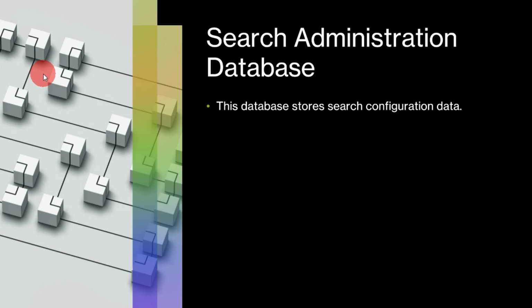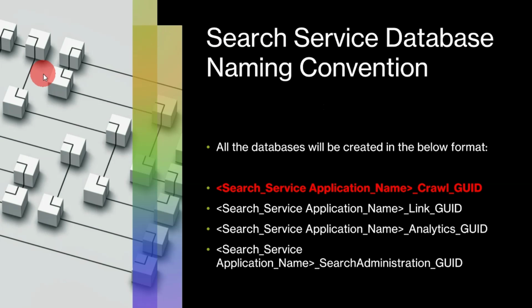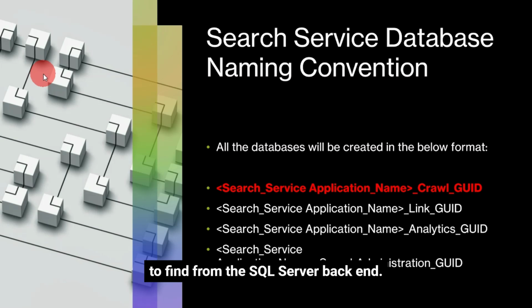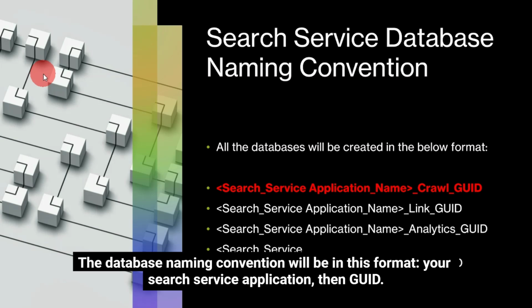On the on-premise server, all the databases will be created in this format. So this will help you to find what you are trying to find from the SQL Server backend. The database naming convention will be in this format: your search service application name, then a GUID.